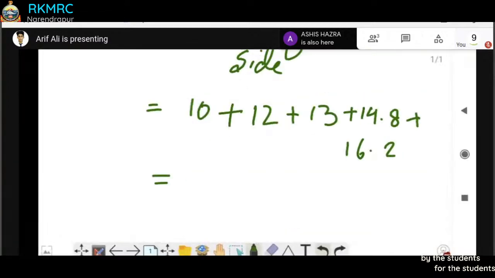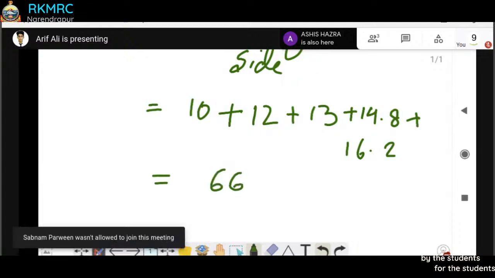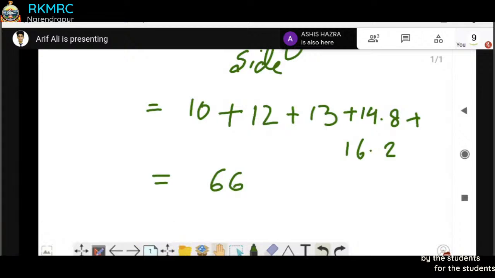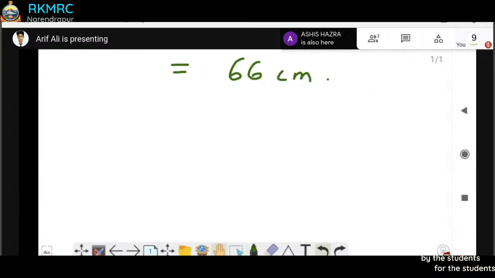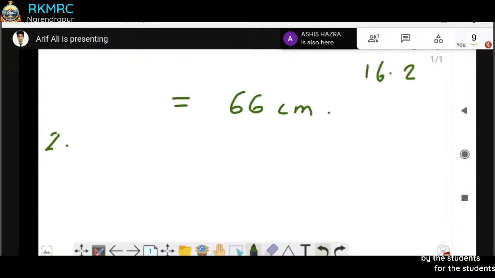This 10 plus 12 plus 30, 66. 66 centimeter. Let us see next. So that was your answer, 66 centimeter. You can recheck it.